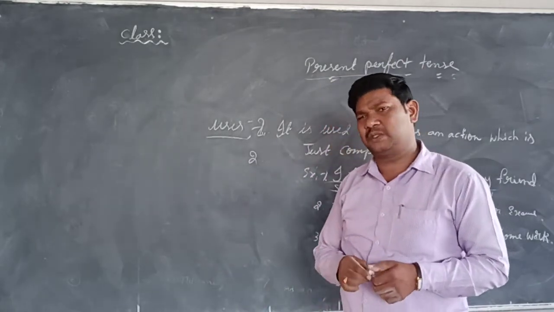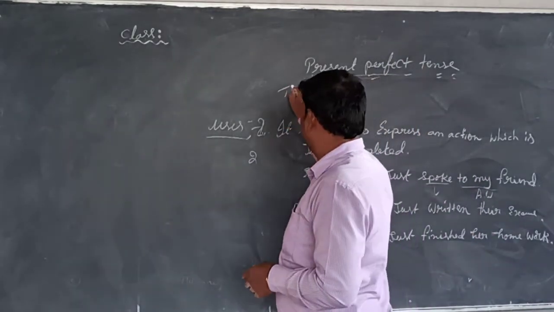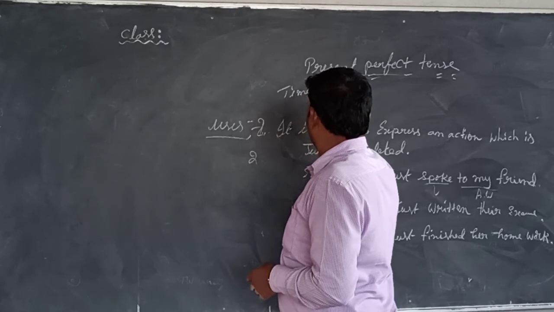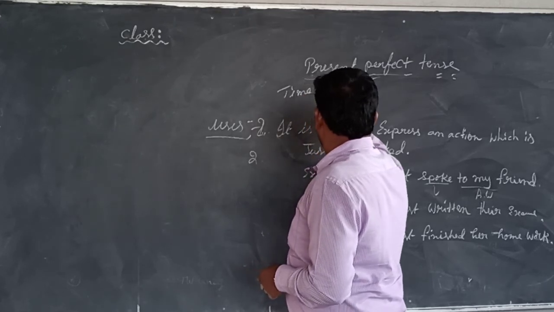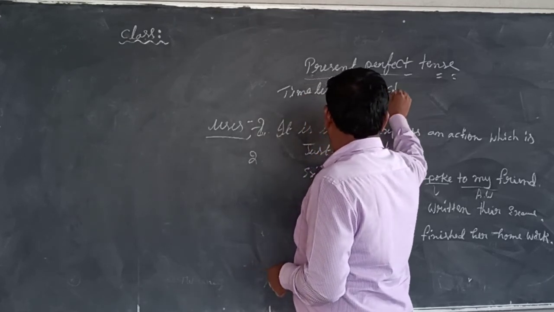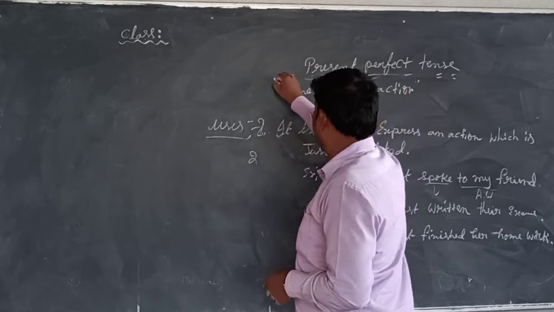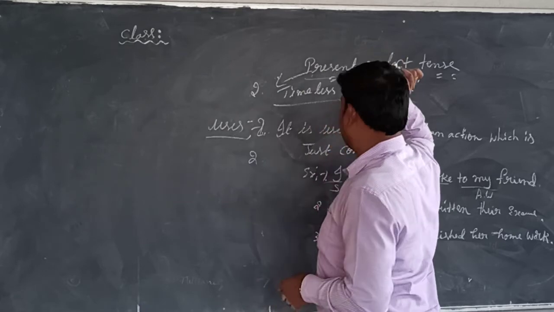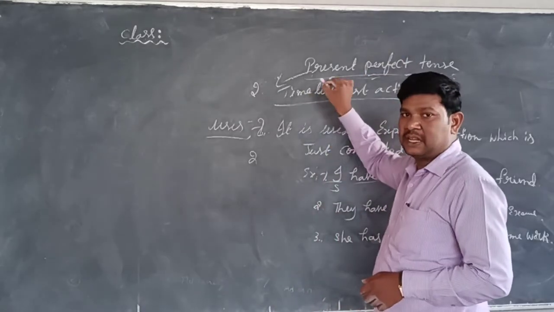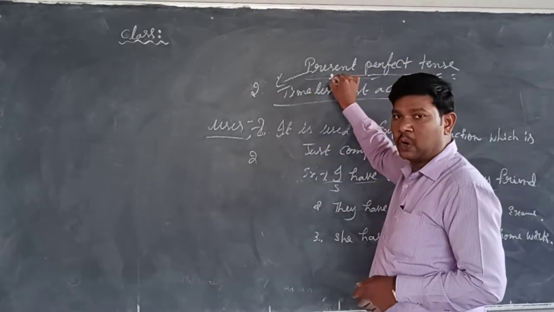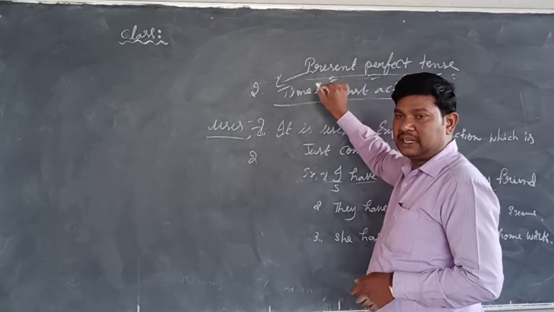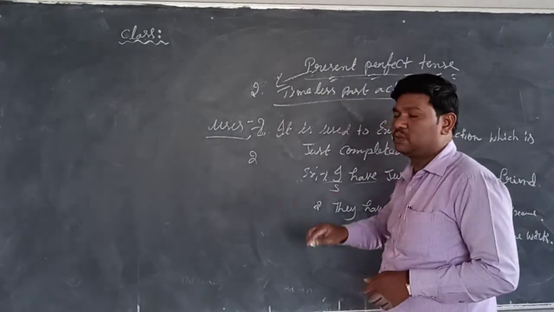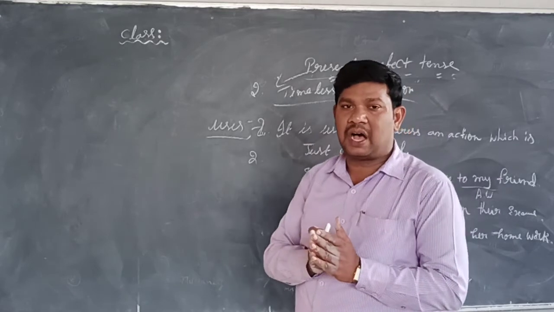What are the timeless past actions? The second usage of this tense: present perfect tense is used in timeless past action, means we should not use the past time.